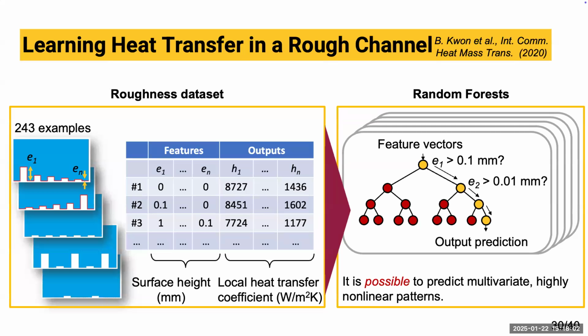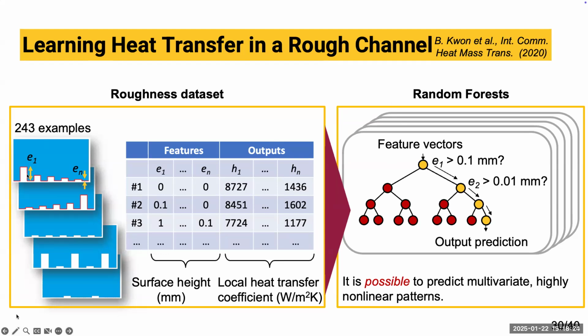But briefly speaking, in the random forest, you will take a feature vector or input vector, and this vector basically describes the geometry of your rough channel. So the vector consists of the height of the roughness features.